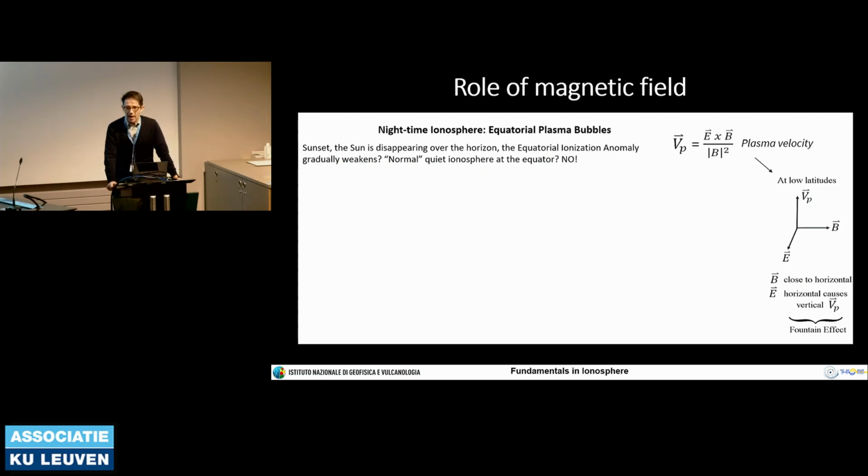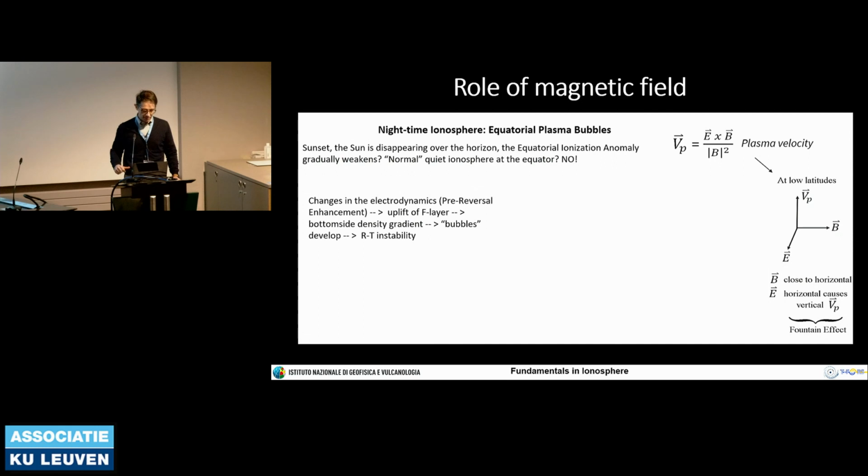Yes, but this is the most unstable situation for the ionosphere, because when you have the passage of the solar terminator, there are also changes in the electrodynamics. In particular, there is a weakening of the conductivity of the E layer and an increase of the F layer conductivity.